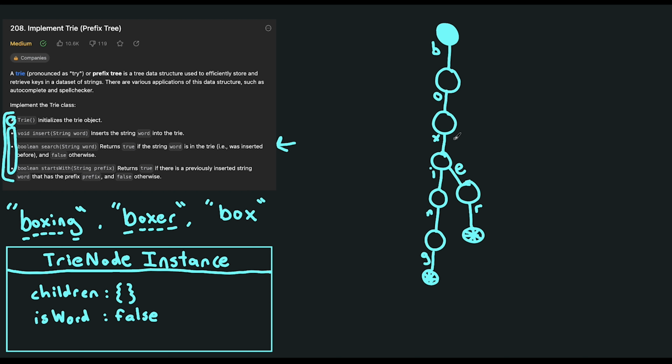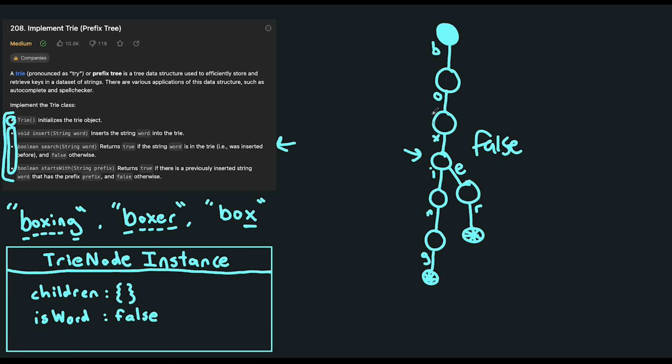And when we're at this last point here, we know to say, okay, does this node have isWord set to true? And as we see, it doesn't. So we would return false, right?